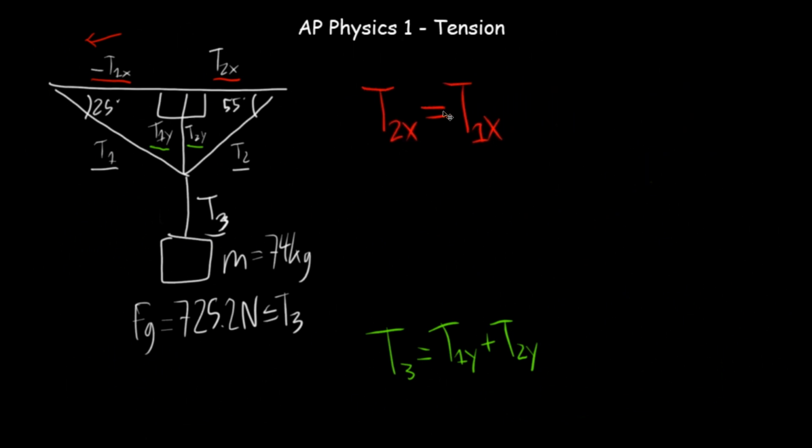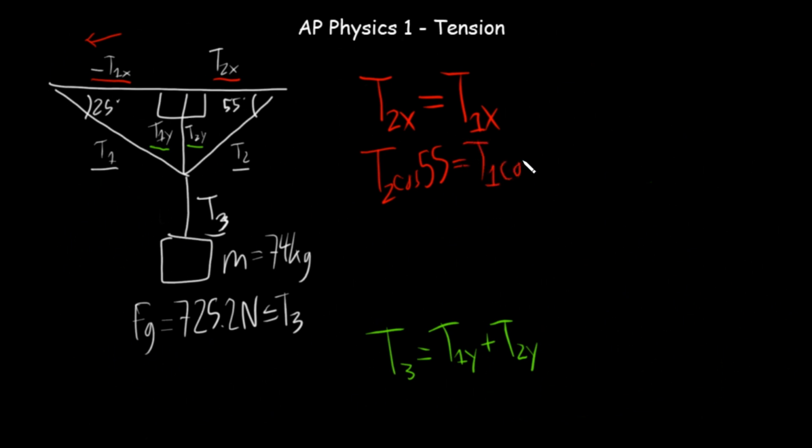Okay, so we have this equation between the two T x's, right? One thing we can unravel is that T2x is equal to T2 cosine 55, because this is the adjacent side. And then the same thing with T1x, except with T1 and cosine 25.